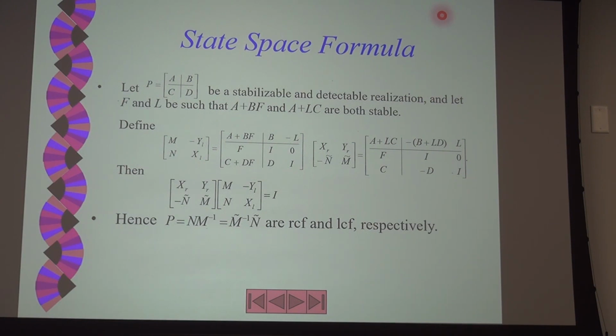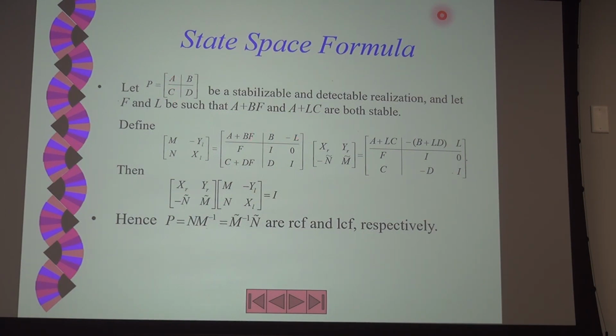We can use a state space formulation to find this F and L, because A, B, C, D is already known. Given a P transfer function matrix, there is a state space realization. So find the F and L.